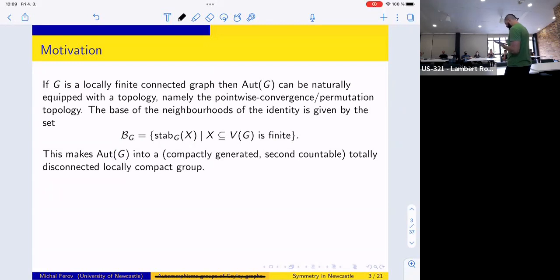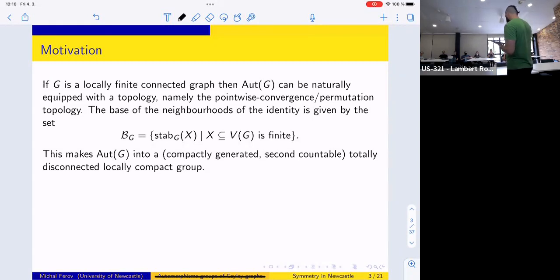It's usually the pointwise convergence or the permutation topology, and the base of neighborhoods of the identity are the pointwise stabilizers of finite sets. And when you write everything down, you find out that this is a compactly generated, second countable, totally disconnected, locally compact group.